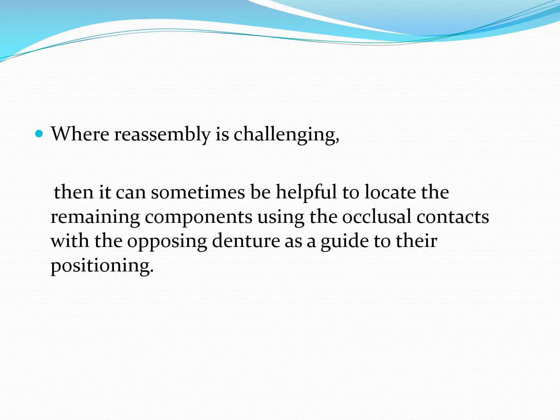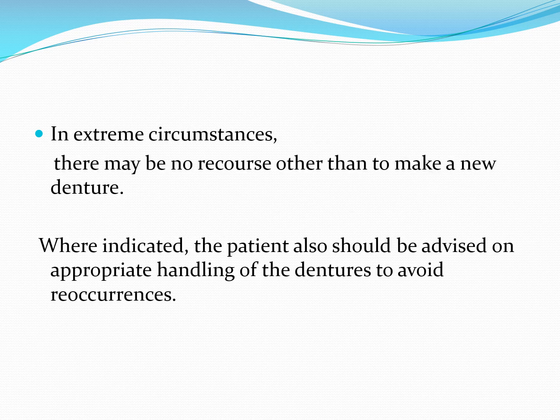So for the opposing component, suppose the fracture is in the upper denture, we take the guideline from the lower denture by occluding the fractured upper denture and lower denture, seating them in proper occlusion as it was before.